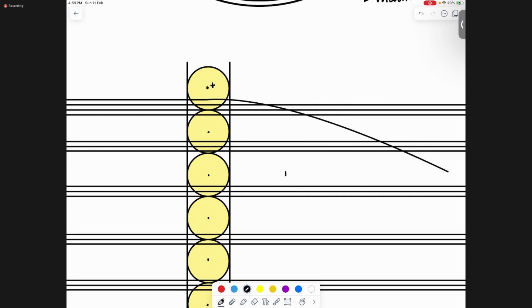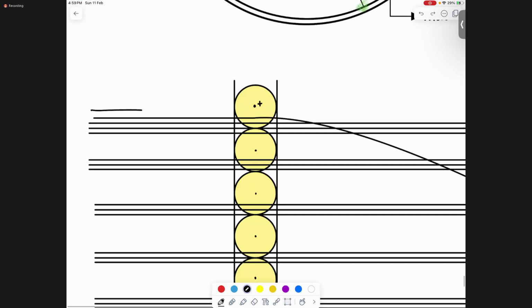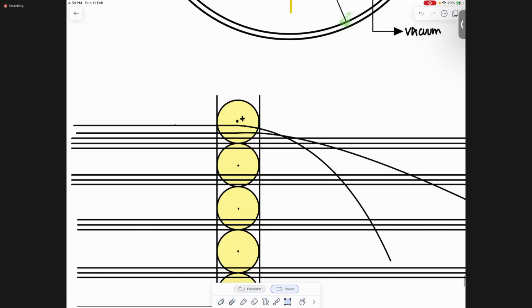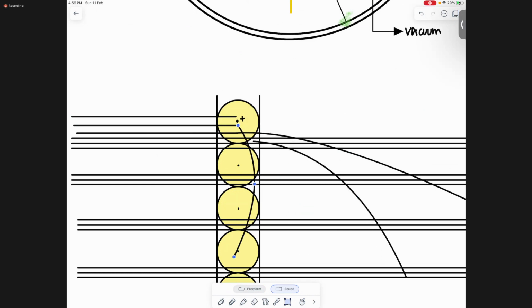The closer you get, the greater the force and the more prominent the deflection. That's how it looks, right? So the closer you are, the stronger the deflections are.